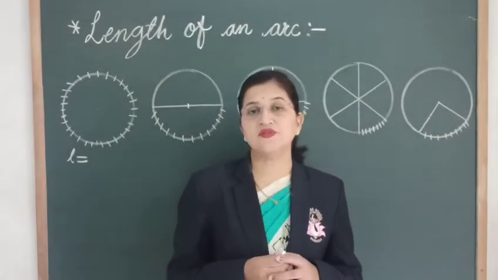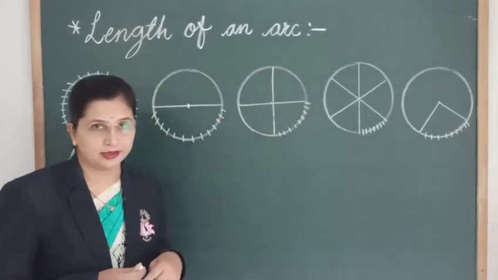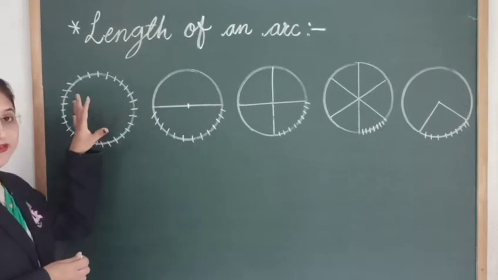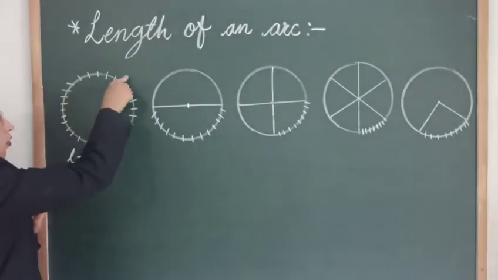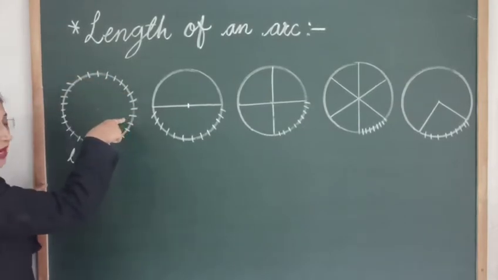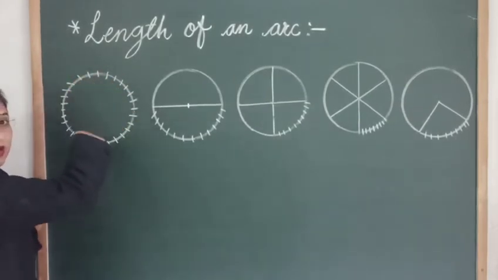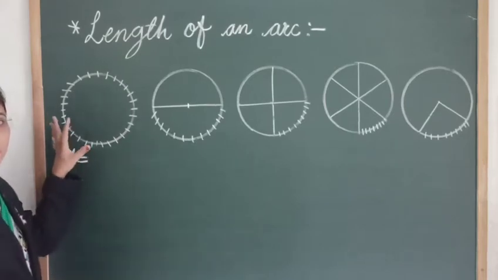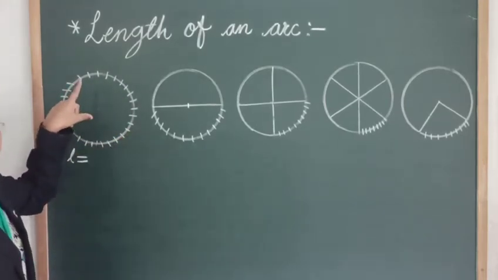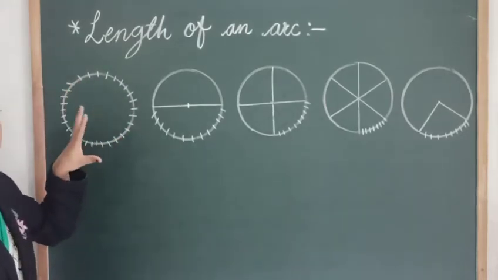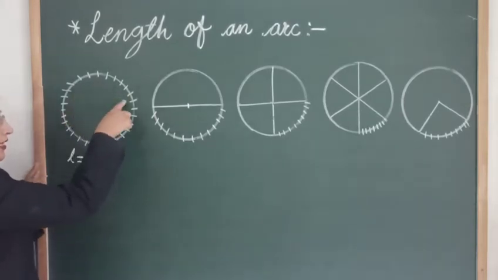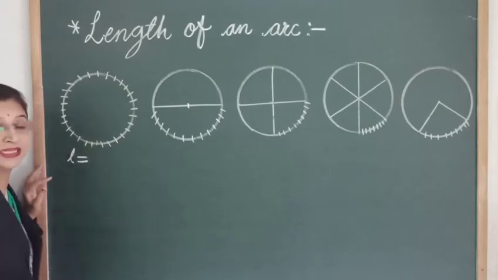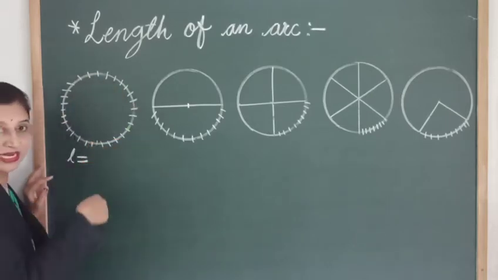Now let's learn how to find the length of an arc. In the first figure, let's consider the whole length, the length of this whole arc. That is nothing but the perimeter of a circle, which we call the circumference. So the length of an arc here is the whole circumference.